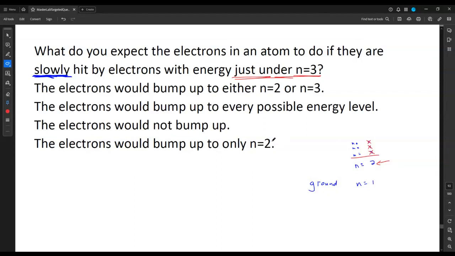So that seems to be this one. If we'd hit it with just over n equals 3, or if we would hit it with multiple electrons at the same time, we would have seen a different outcome. But notice here that we just couldn't quite get to n equals 3.